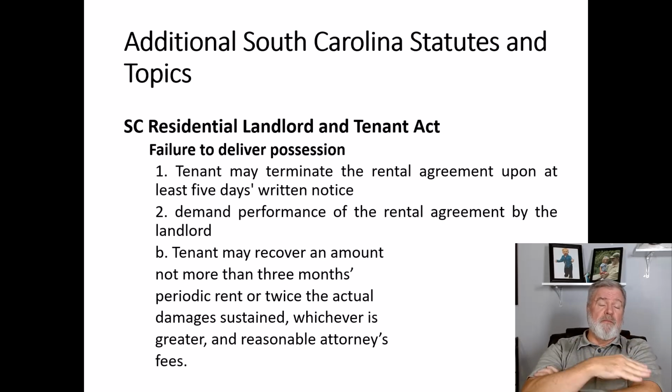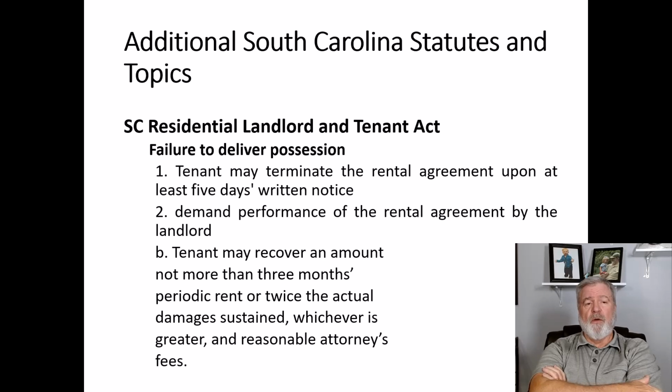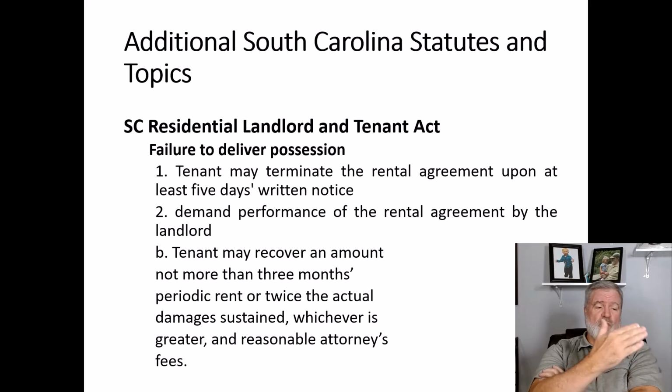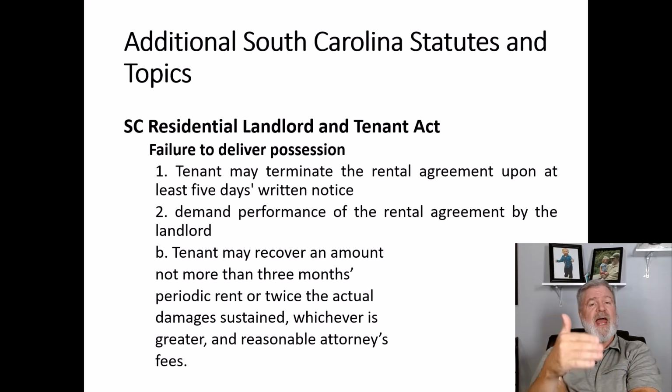But let's say you put the 1st of the month and now they can't move in. That's sort of what they're talking about here. You're failing to deliver possession to the tenant. Well, if that happens, number one, the tenant basically has to give the landlord a 5-day grace period. So if we're saying it's going to be ready on the 1st, there's nothing the tenant can do legally until at least after the 5th, because you've got to give me 5 days to get the property ready and turned over to you.